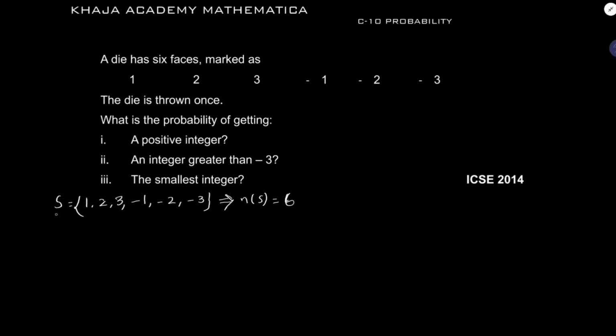Now first question, a positive integer. So I'll consider it as, let E1 be the event of getting a positive integer.